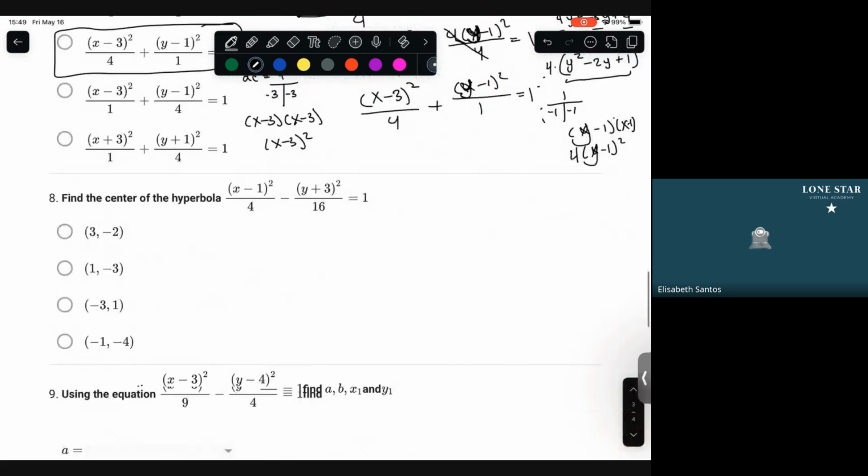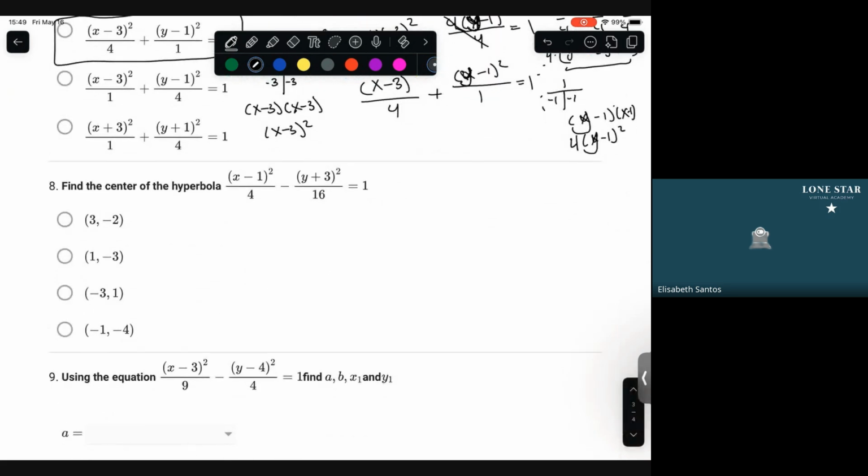Okay. Number 8, find the center of the hyperbola. Okay, so hyperbola. So the general formula is x minus h squared over a squared minus y minus k squared over b squared equals 1.